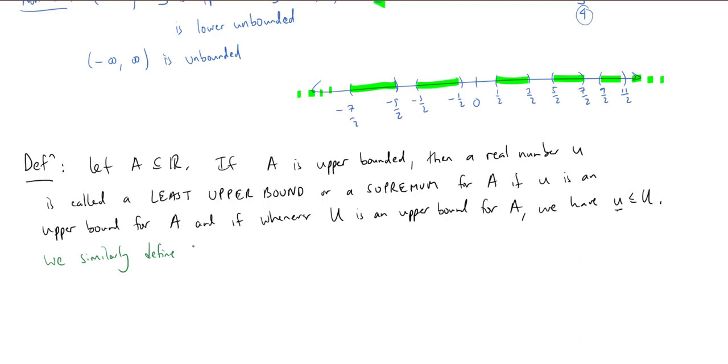That'll be the most efficient. So we're going to call that a greatest lower bound, or, and the word we'll use more frequently is infimum. So you have the supremum and the infimum for A.